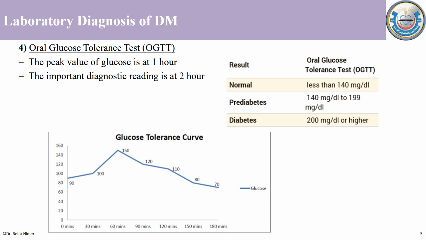That's why at 1 hour we can see the highest level. Then the glucose starts to decrease to reach the normal value, or almost near the normal value at 2 hours. That's why at 2 hours, when consumption has started and the level reaches the normal value, it is considered the diagnostic reading.